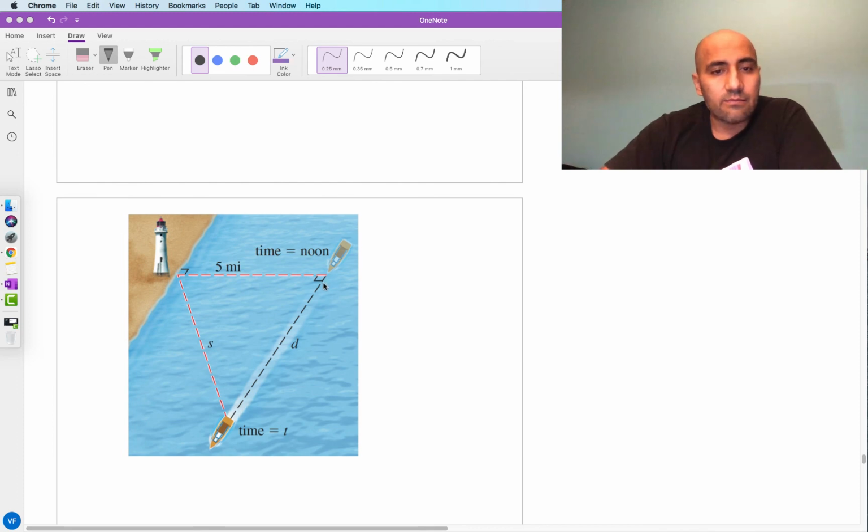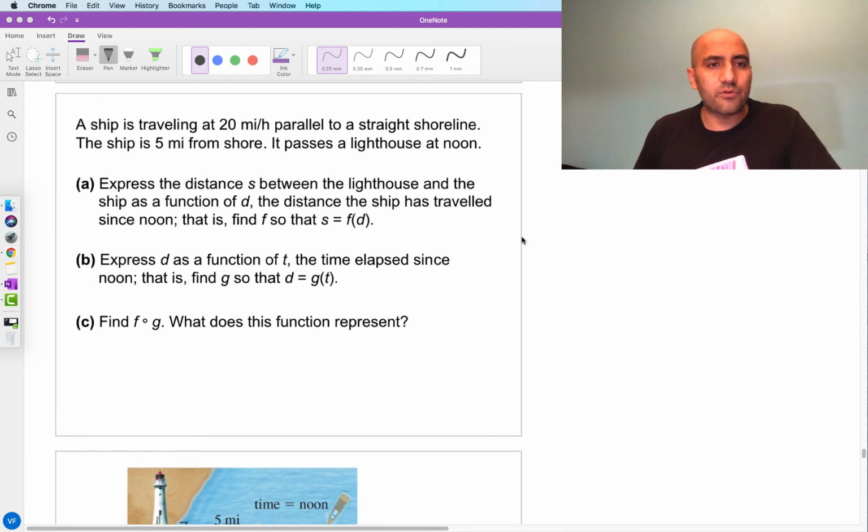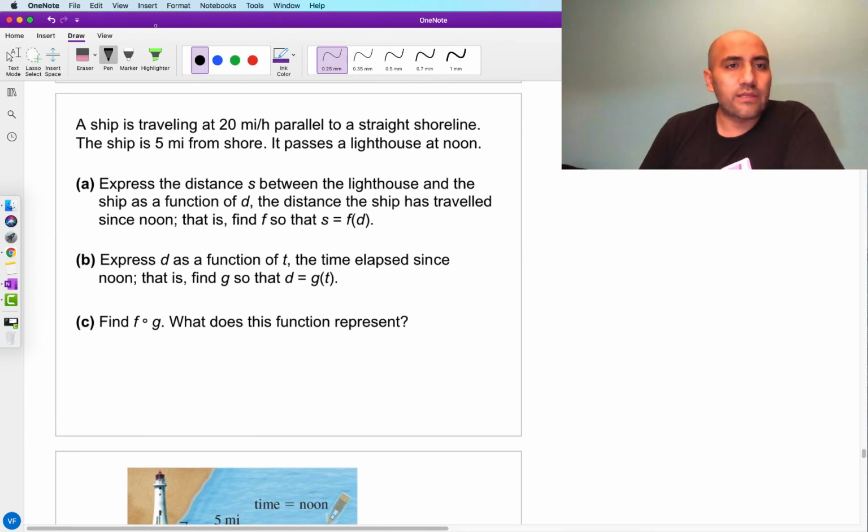And then as the boat continues to travel along this direction, it's traveling a distance d at time t, so t hours later. It didn't specify, but for convenience, it seems that we should make all the units match. They didn't say not to make them match, so why not?